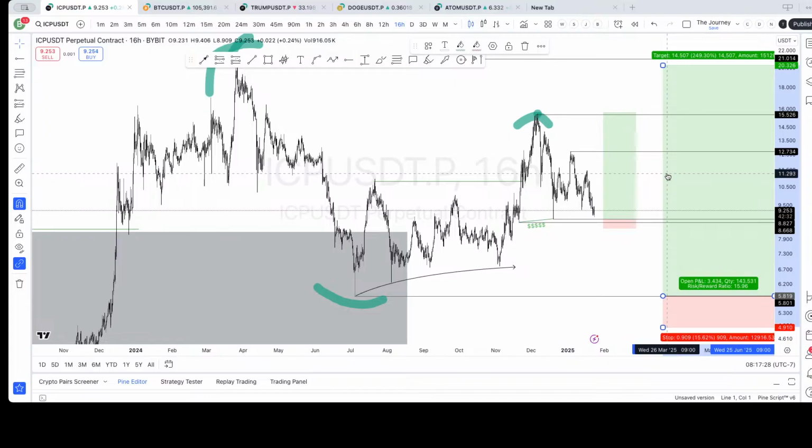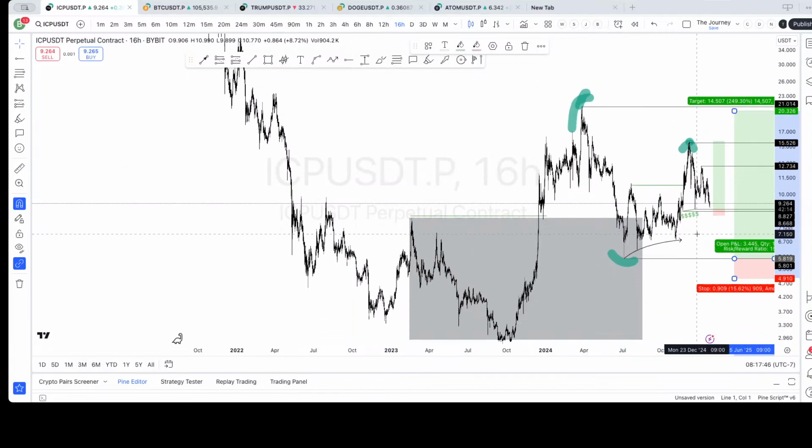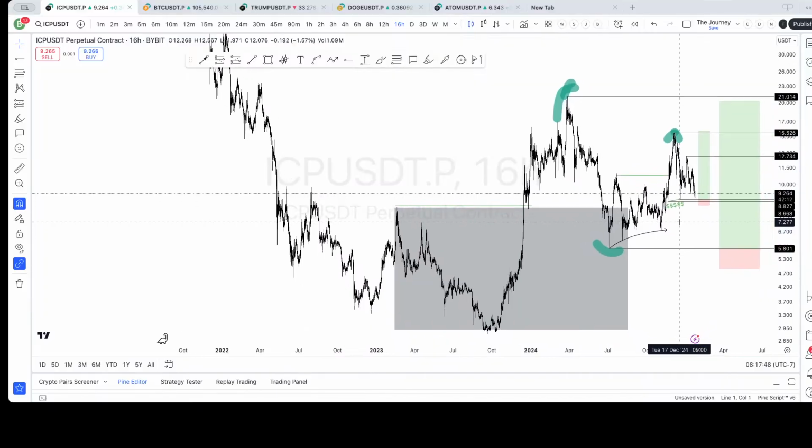I know how to identify the fair value gap, but I don't know how to zone it out, like the price range in which it is. Yeah, you're gonna take another crack at that. Happy to help. Hit me in Discord. Make sure you at me when you do that.